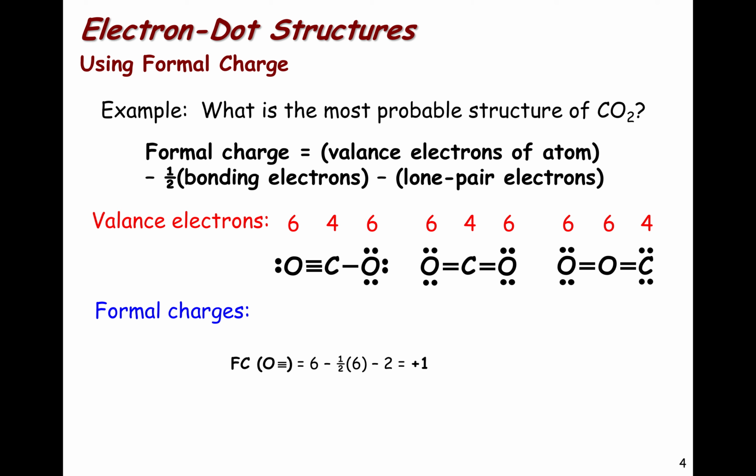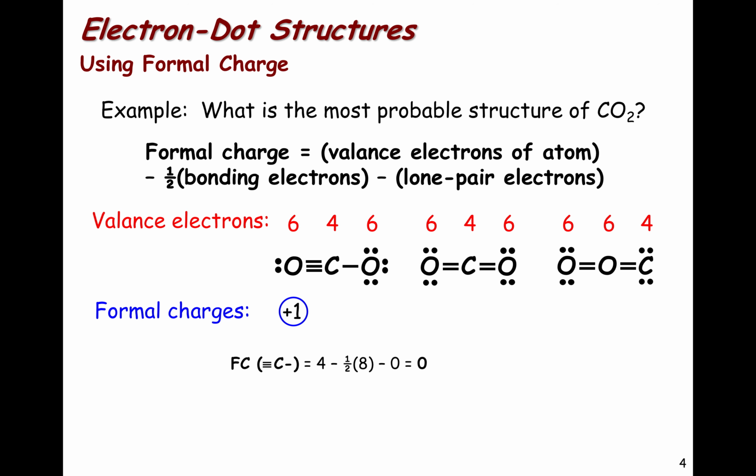We have 3 bonds between that oxygen and carbon, so half of the 6 electrons in these bonds is 3. And then finally, there's 1 lone pair of electrons on that oxygen, so we're going to subtract those away as well, for a total of +1 formal charge.